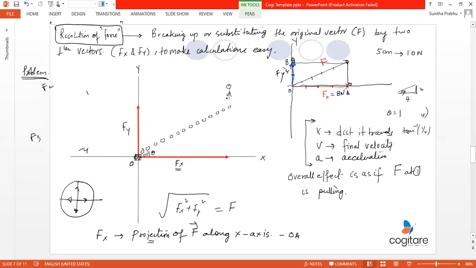Everything is as if it would have happened under the influence of the original force. It is only for ease of thinking and ease of doing that we have replaced it with both. But whatever the position of the body, whatever the final velocity after a certain time, whatever the acceleration with which the body is moving, none of this has been changed just because it has been replaced by these two.